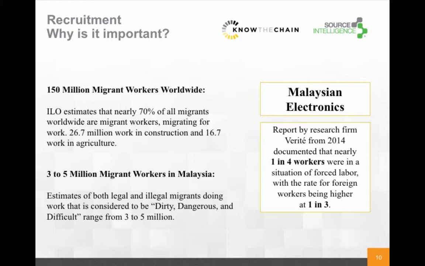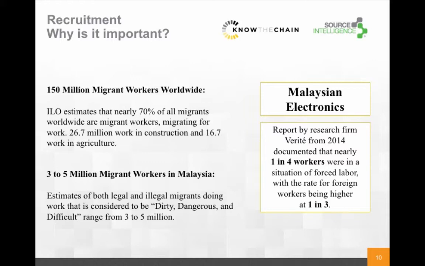And what happens is when a worker is charged a recruitment fee to acquire a job, there is potential that that specific fee can be used against the worker to bond them into a form of exploitation in the workplace. So we really encourage a company to take into consideration the use of recruiters in their supply chain in the risk assessment process.